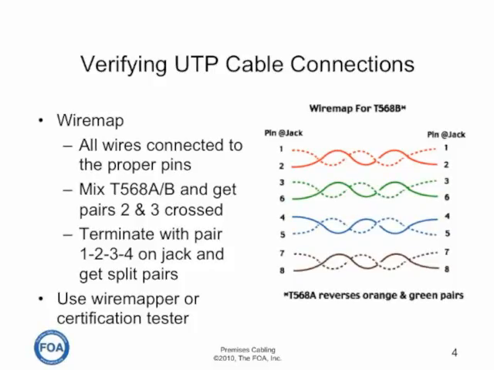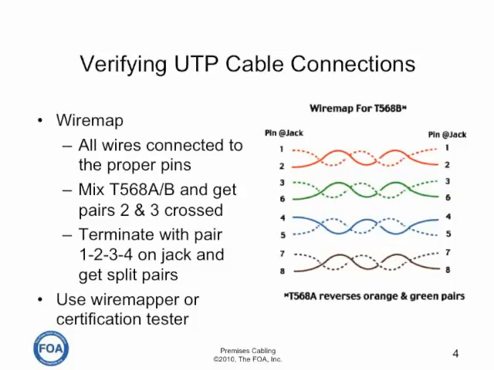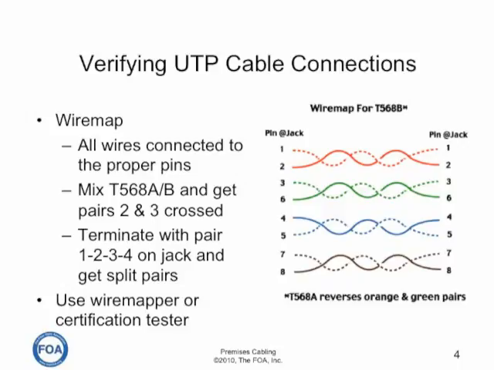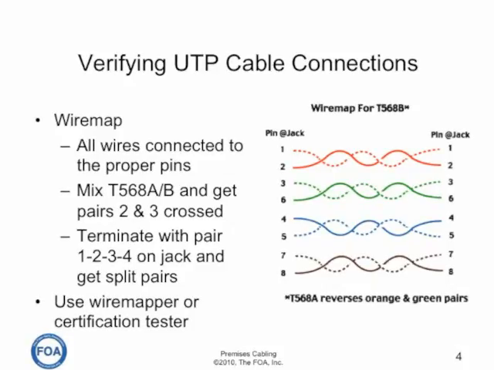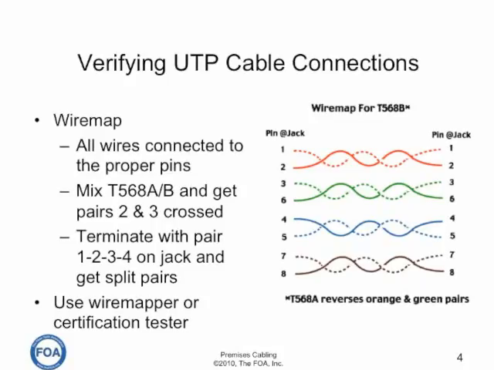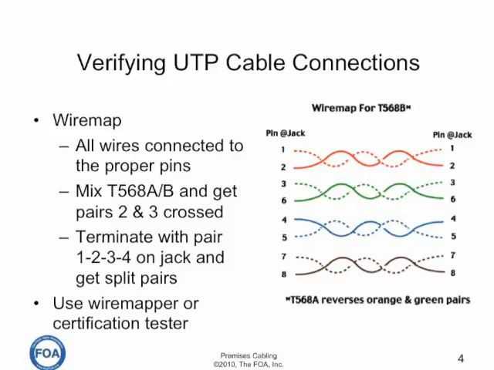Or terminate a pair on a jack with the 1, 2, 3, 4 connection scheme that's used for punch-down blocks, and you get split pairs. Most certification testers and verification testers, as well as all wire mappers, will do a wire map as the first test in a test sequence.